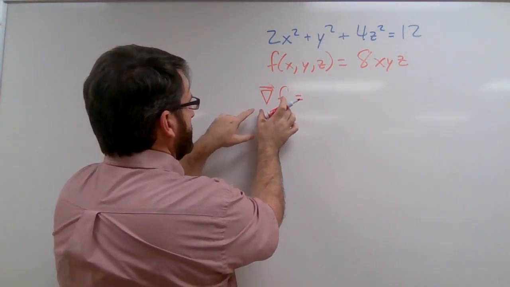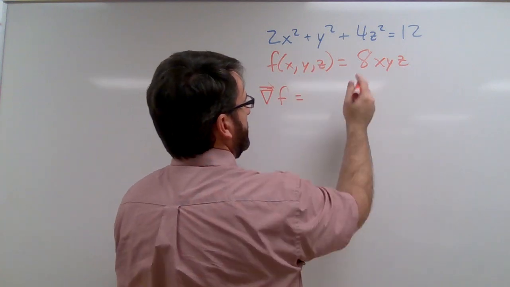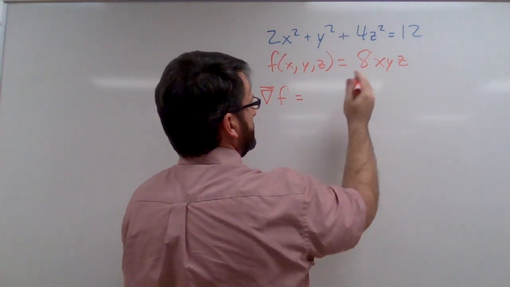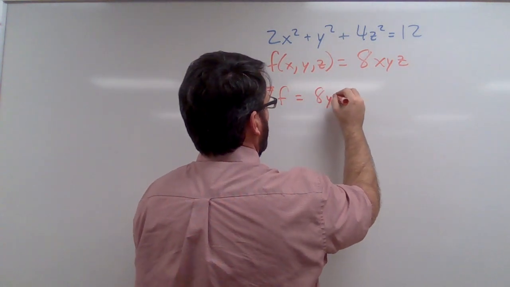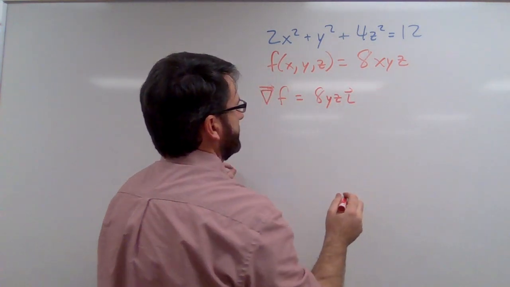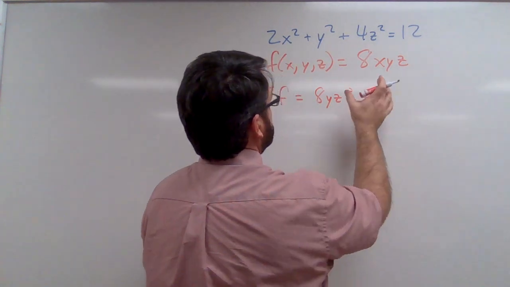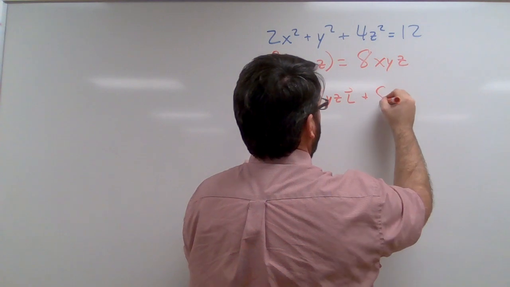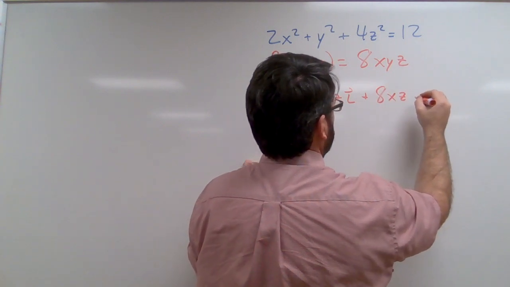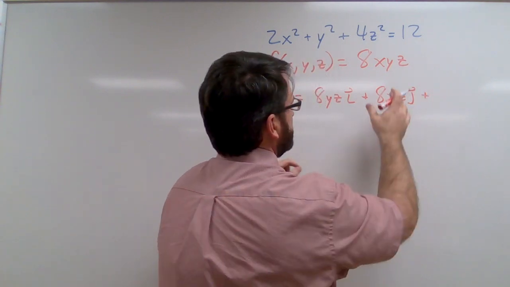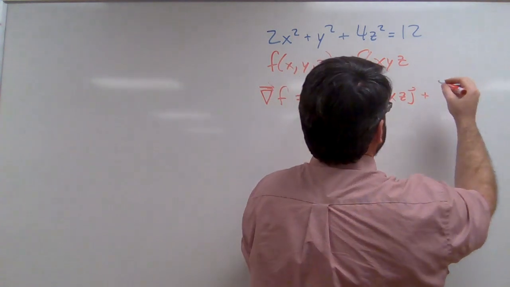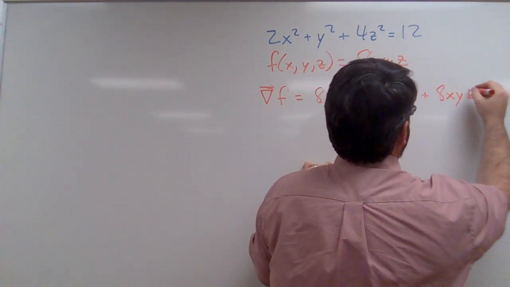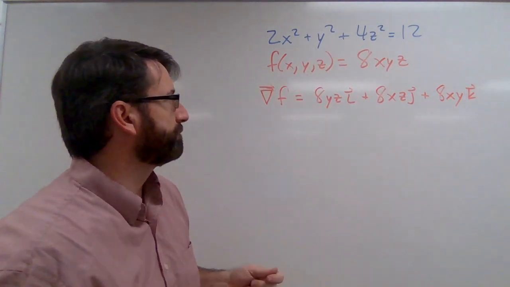So the gradient of f is going to be the partial derivative with respect to x, which would be 8yz times our unit vector i, plus the partial derivative with respect to y, which would be 8xz times j, plus the partial derivative with respect to z, which would be 8xy, times the unit vector k.